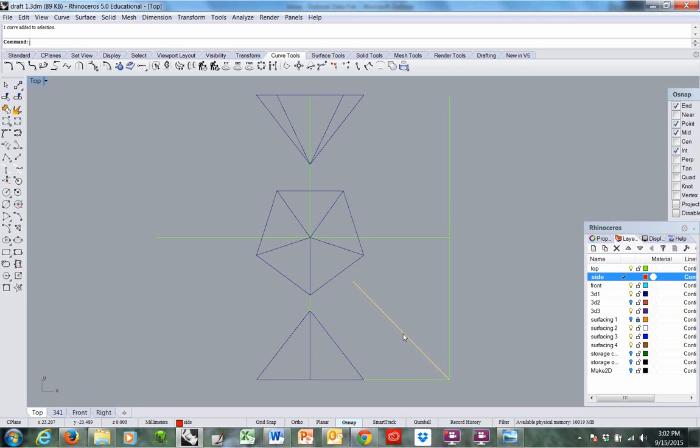Now that I have my 45-degree angle break line, I can bring a construction line around my drawing over from the front view to where it runs into that break line, and then running parallel to the baseline in the right view.